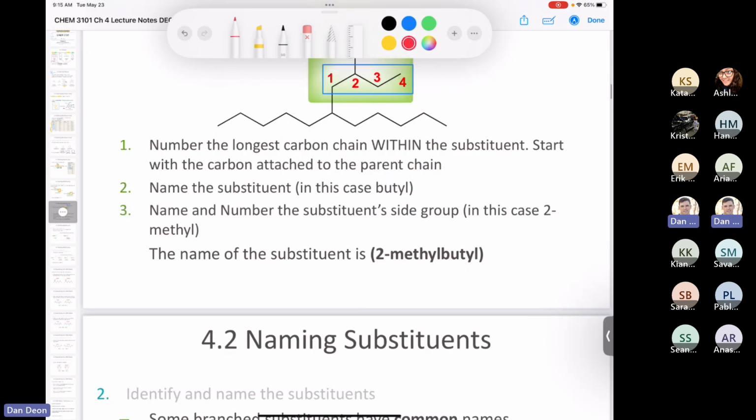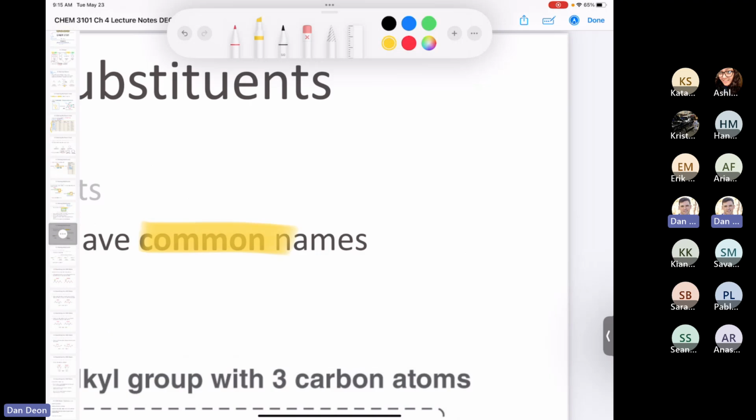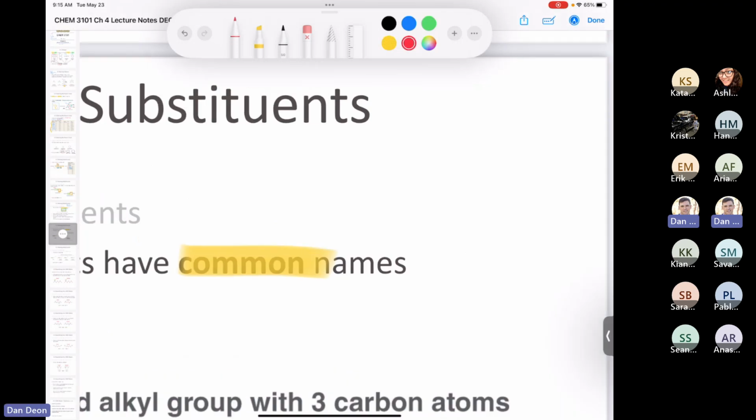Because what we're going to use the majority of the time are the common names for alkyl groups. And let me repeat, like I told you before class started, there's 8 of them you need to know. They are methyl, ethyl, propyl, isopropyl. Okay, so a methyl only has 1 carbon in it, and ethyl has 2.